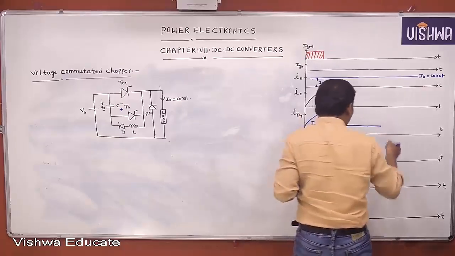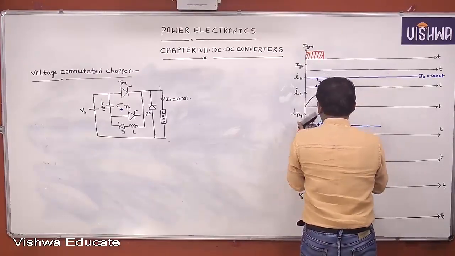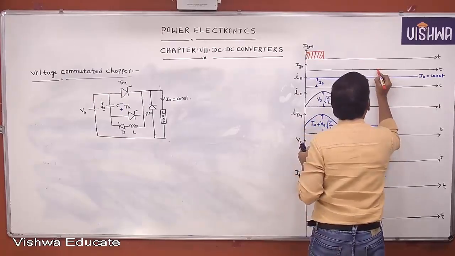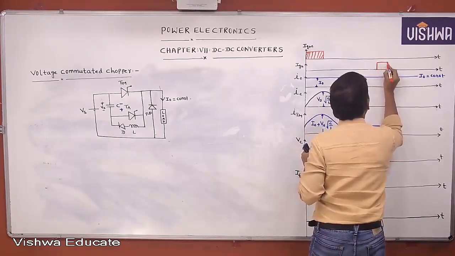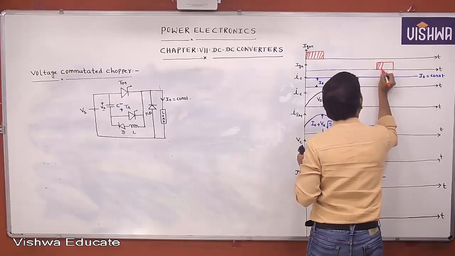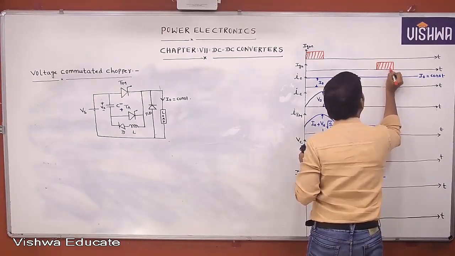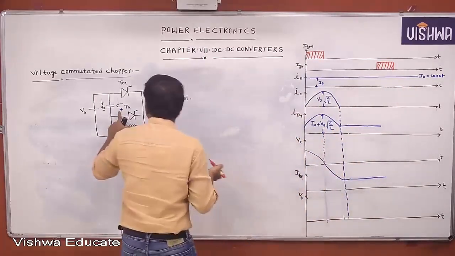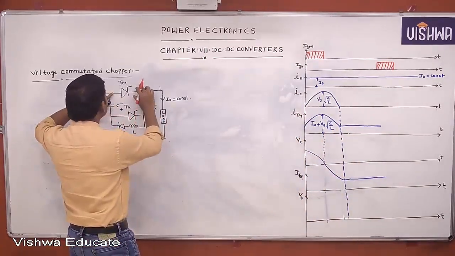Now at this instant we trigger the auxiliary thyristor. This is the pulse applied to the auxiliary thyristor. Whenever the auxiliary thyristor is triggered, this reverse voltage will appear across the main thyristor.